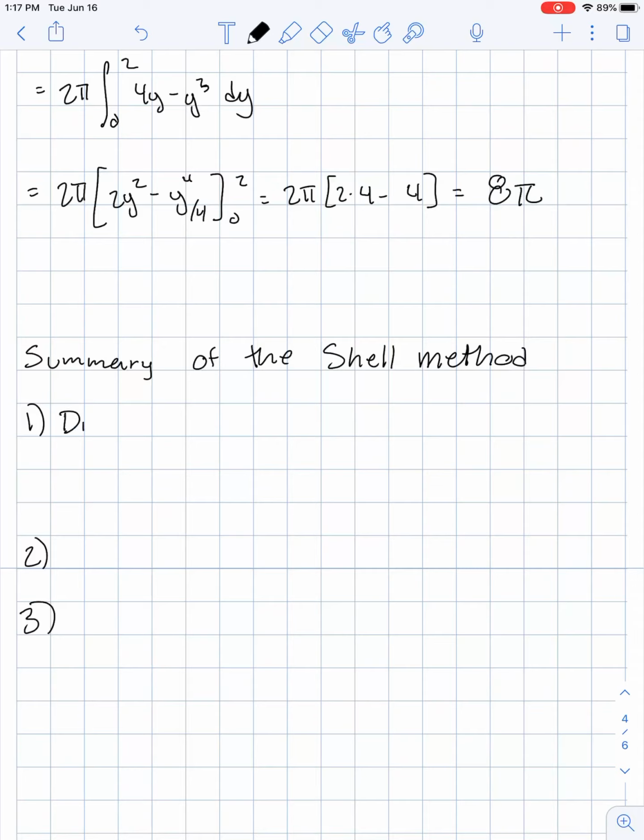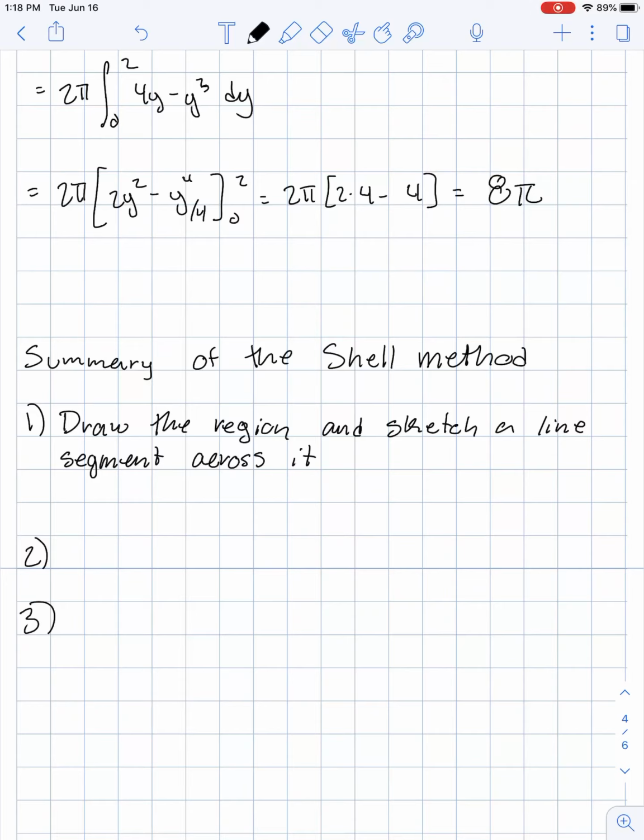So we're first going to draw the region and sketch a line segment across it.